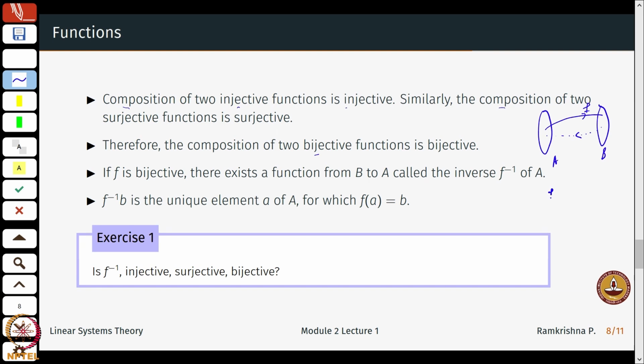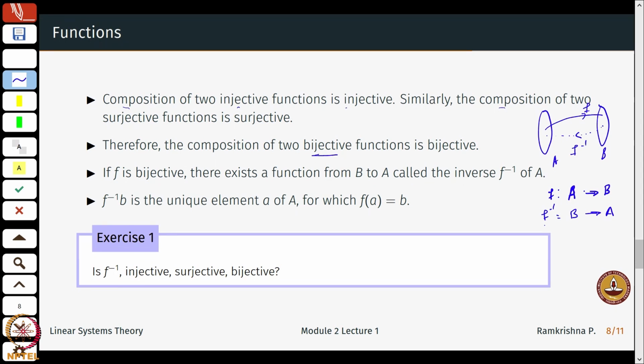Now, f was defined from A to B. If f is bijective, then there is something called f inverse, for which the domain is B and the range is A or a subset of A. This is called the inverse of f.